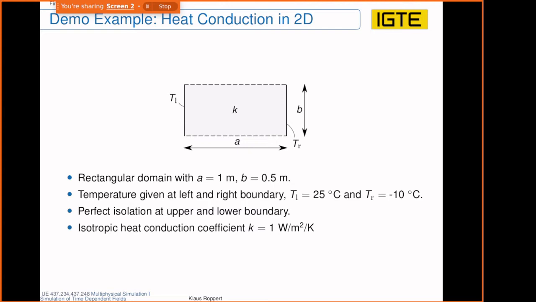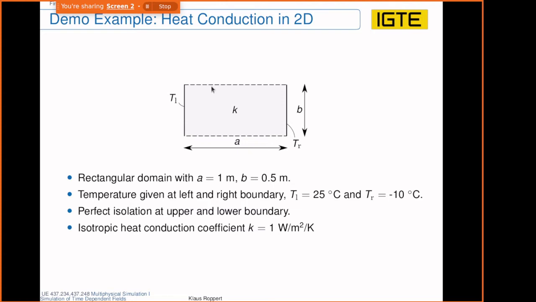So the material parameter in this case, in the heat conduction, is the heat conductivity, or heat conduction coefficient, instead of the permittivity. And the right hand side is not a charge density. In the heat conduction equation, it's a heat source density.